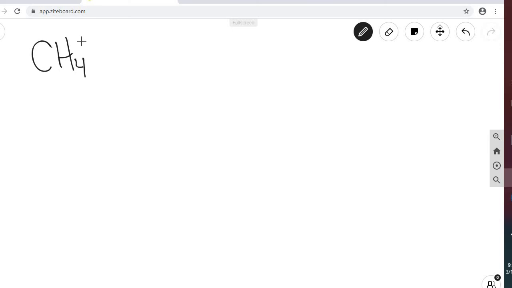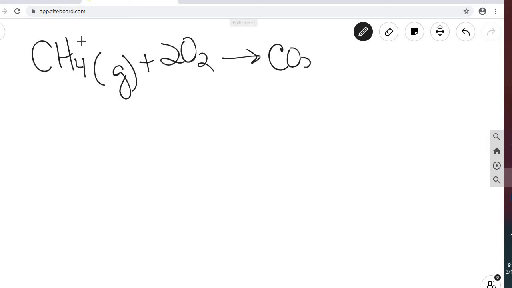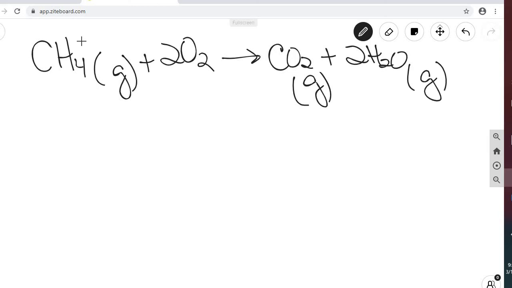If we have this reaction, remember I said that Hess's law also tells us that the phase is important, so we need to make sure that we pay attention to the phases.